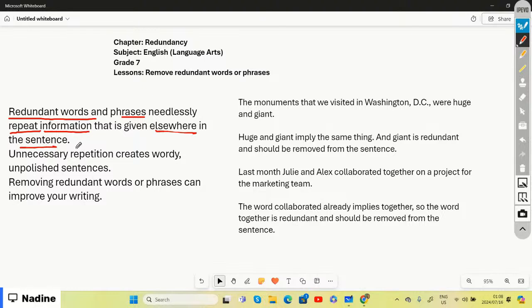But unnecessary repetition, sorry, unnecessary repetition of repeating certain words or phrases then creates a wordy, unpolished sentence.